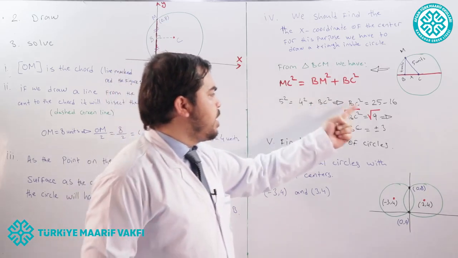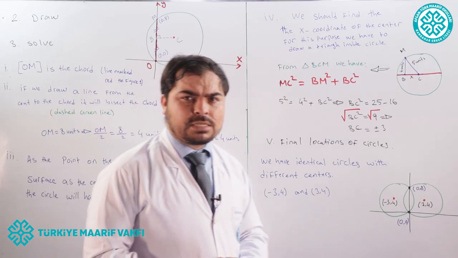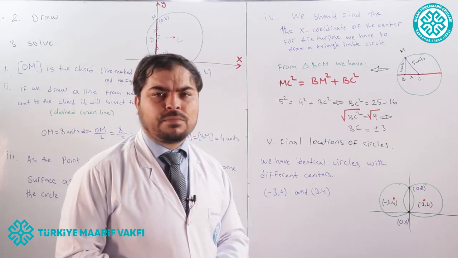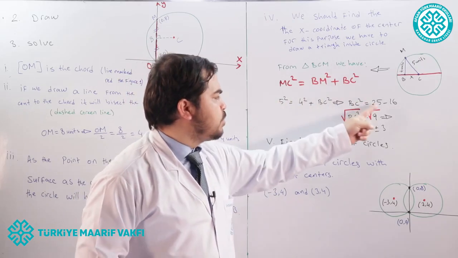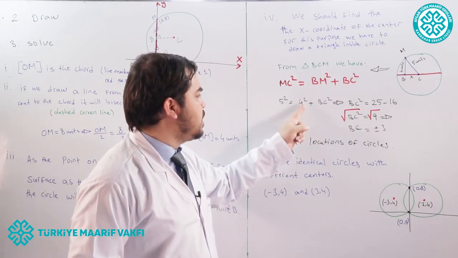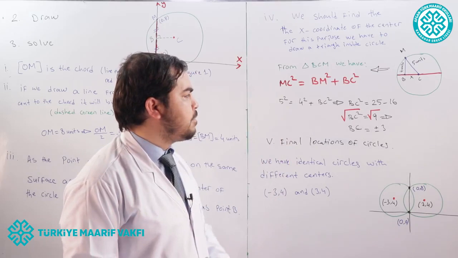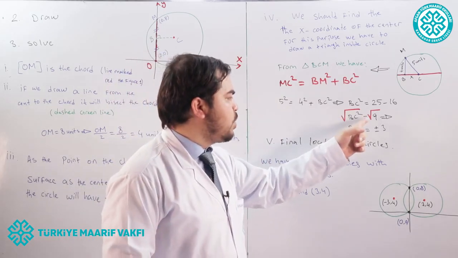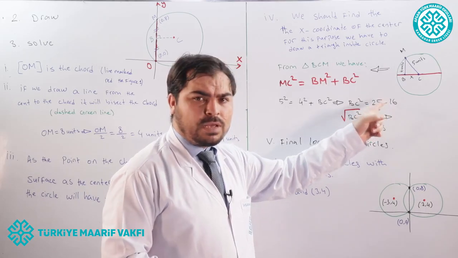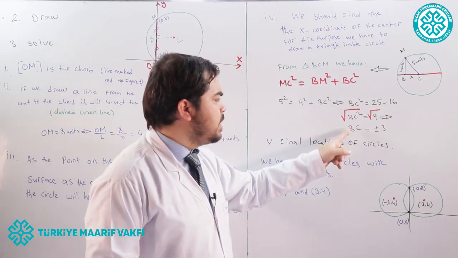Here we go. We will do some calculations. 5 squared becomes 25, and 4 squared becomes 16. We take 16 to the other side of the equation, where it becomes negative. So BC squared is equal to 25 minus 16, which is 9.